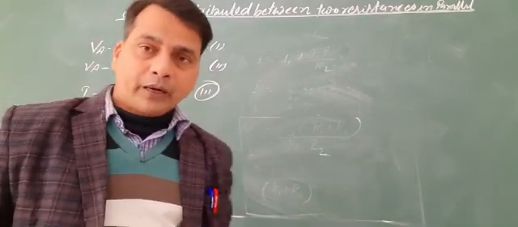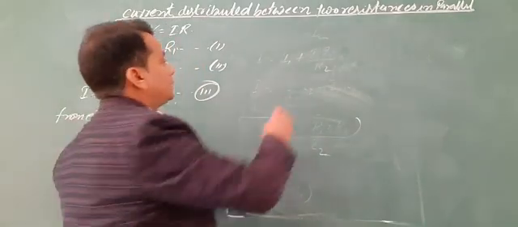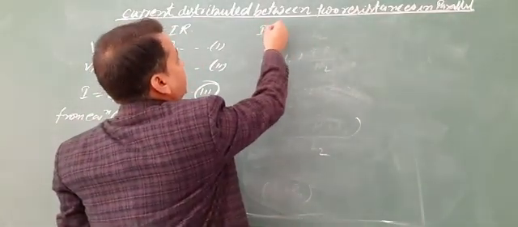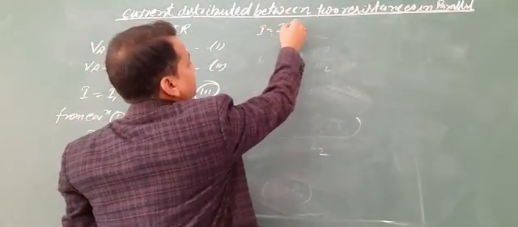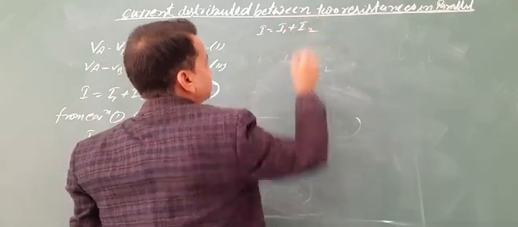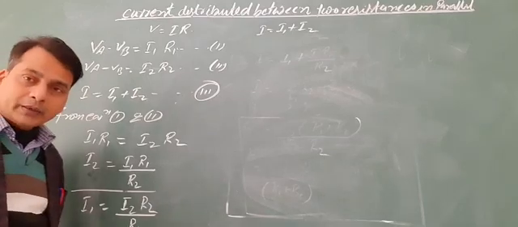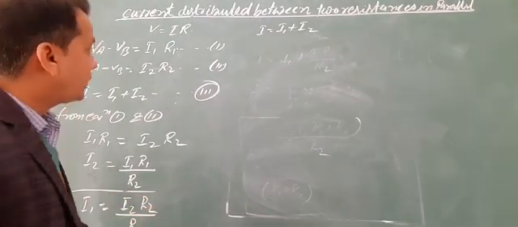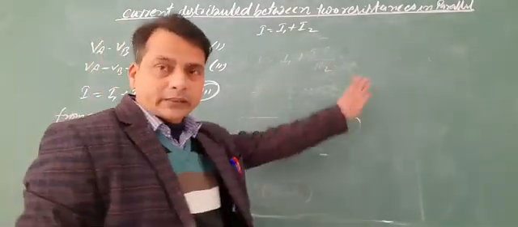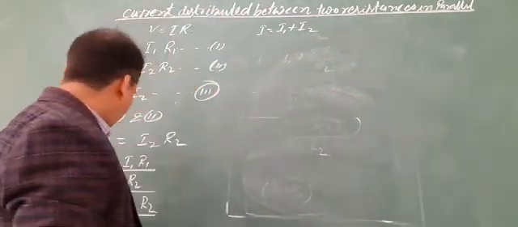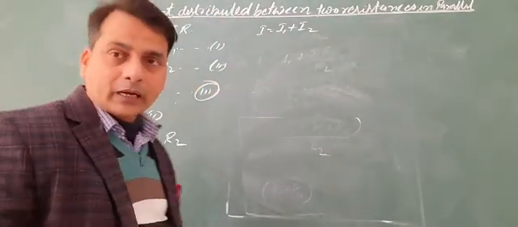So from the third equation, total current I equals I1 plus I2. Then put the value of I1 equal to I2 R2 by R1 in this equation.